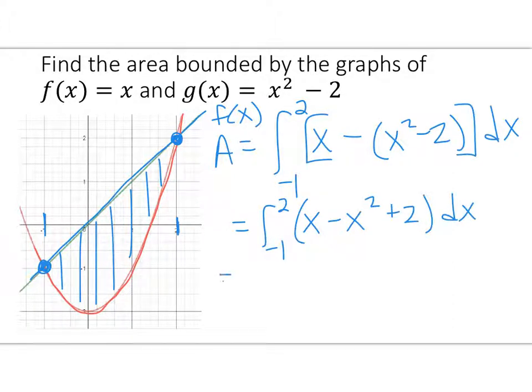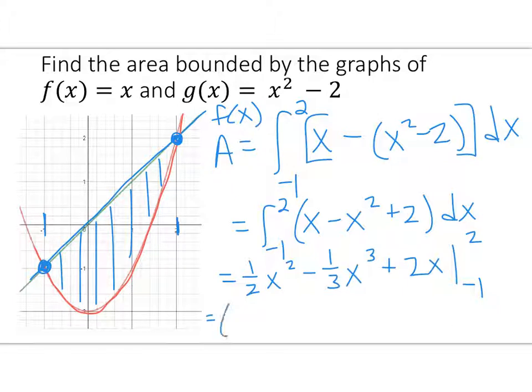So I can take my integral, so I have 1/2 x squared minus 1/3 x to the third plus 2x, and I'm evaluating from -1 to 2. So I'm going to have 1/2 times 4 minus 1/3 times 8 plus 4 for my first piece. And then I have to plug in the -1.